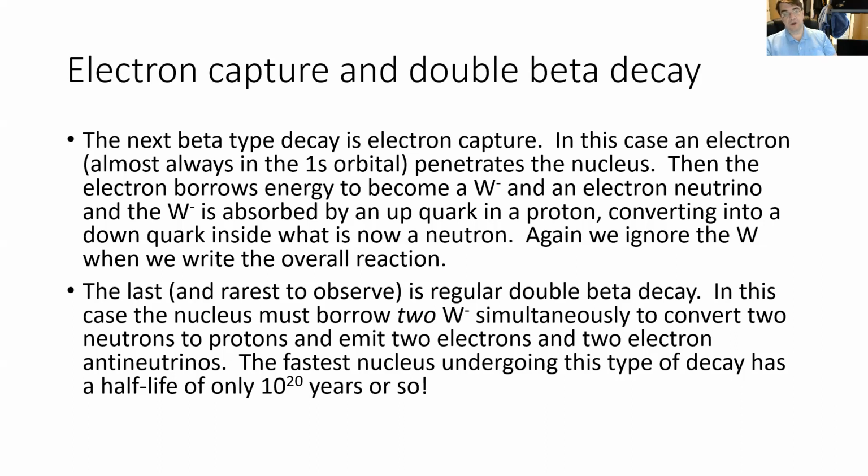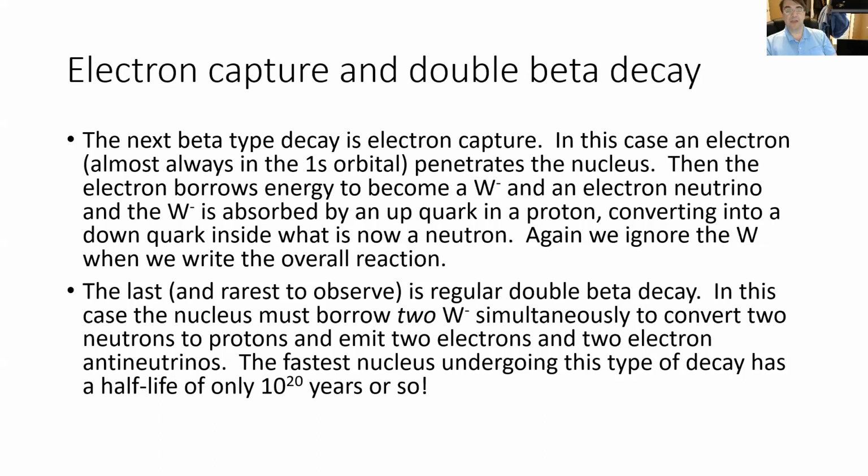There are examples of double electron captures as well. So you have regular double beta decay or a regular double electron capture. But in either case, the nucleus ends up borrowing 2 W bosons instead of 1, so it takes twice as much energy to be able to do that.